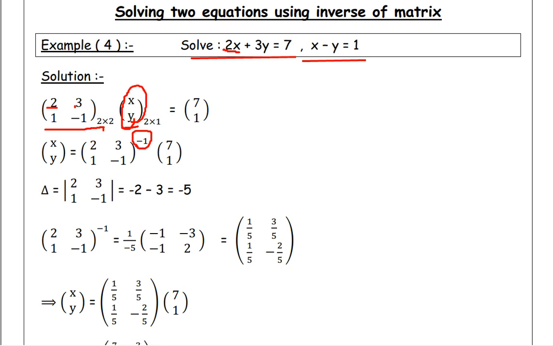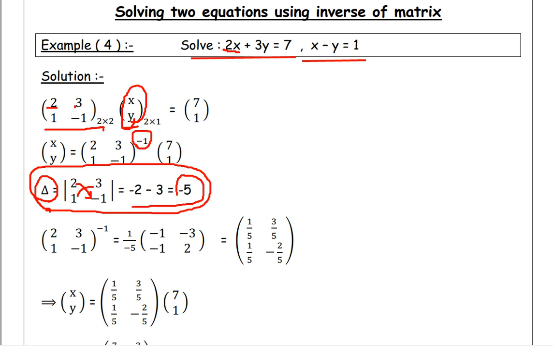So how can we find the multiplicative inverse of the matrix? First, we find the value of the determinant of this matrix. Okay, so to find the value of the determinant, if you remember, we will multiply 2 by negative 1 minus 3 by 1, so the answer is negative 5. And then we put 1 over negative 5 by, do you remember what we do here?